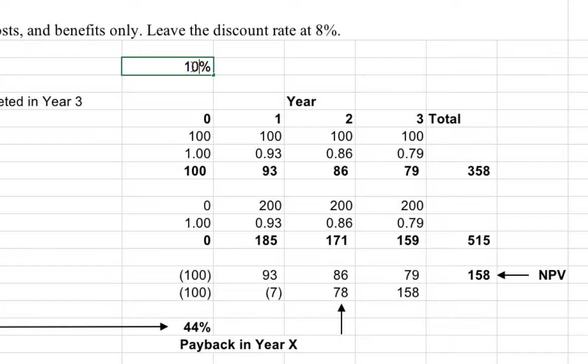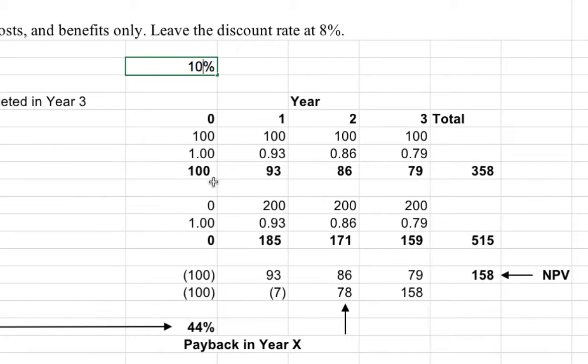So if we change this value to 10%, let's look at what happens to both the discounted cost and discounted benefits lines. I'm going to hit the enter key. You'll notice it went down in each case.